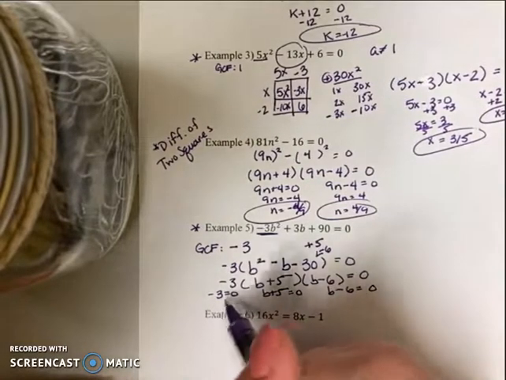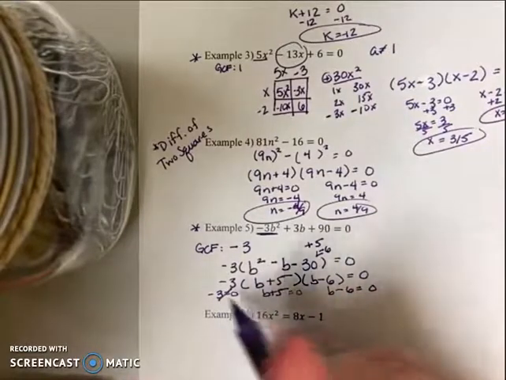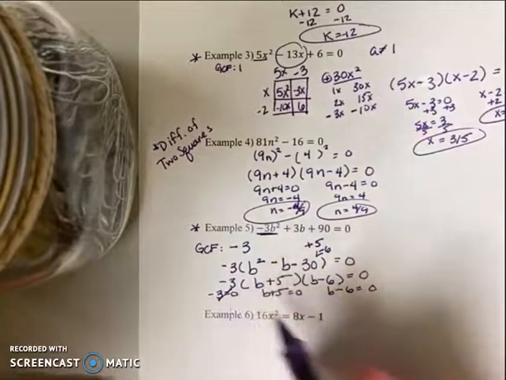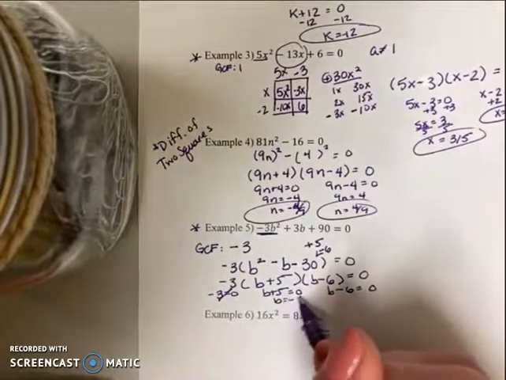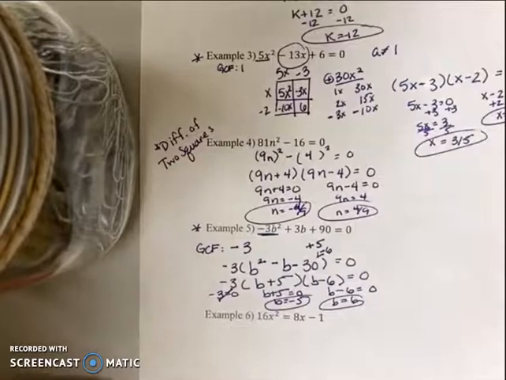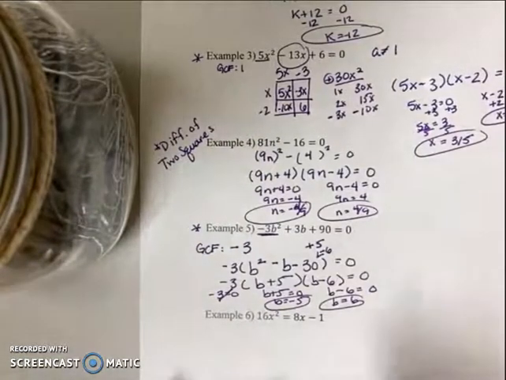However, in this case, negative 3 will never equal 0, so this GCF does not give me a solution here. Here I can subtract 5, giving me a negative 5, and I can add 6 to give me a positive 6. So I have two solutions of negative 5 and positive 6.